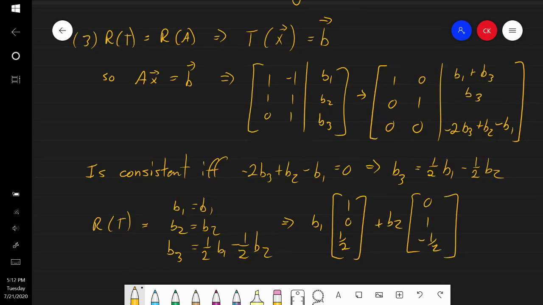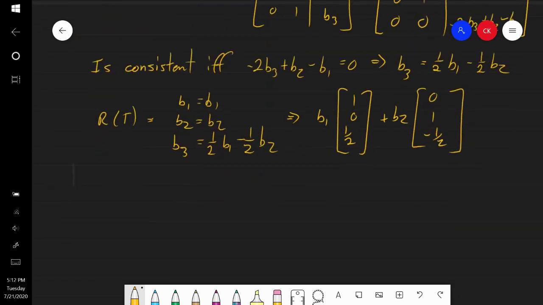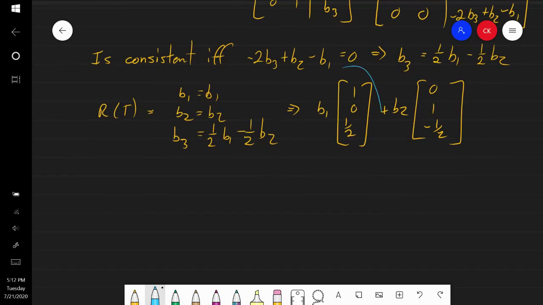And that's a nice description for our range of T. Then we clearly have our two basis vectors here. And if we wanted to make those look a little nicer, we could take a multiple of those by multiplying each of them by 2 to get back to some whole numbers.